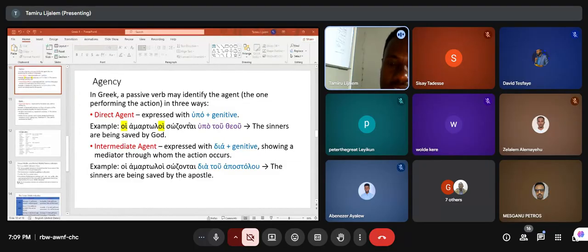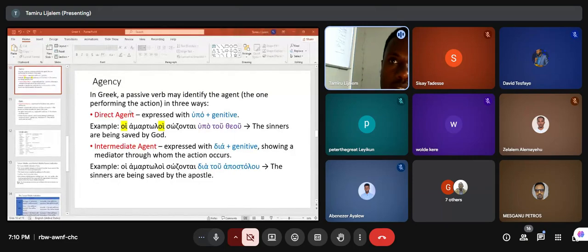This is reflexive middle. The other one is intensive middle, and the rest one is reciprocal middle. The unique feature of reciprocal middle is it uses one another. In Greek, we call that one allelos. If you find allelos in a Greek sentence, it is the reciprocal middle. So one another. This is reciprocal.